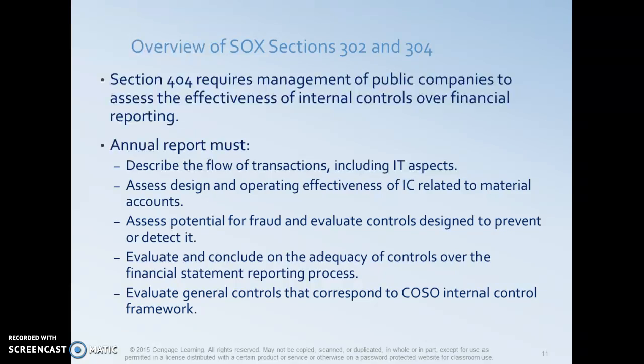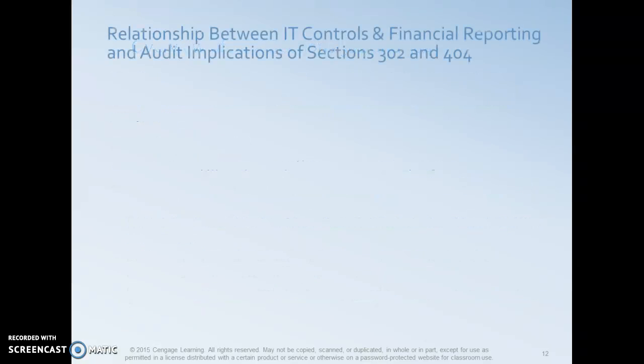You have to assess the potential for fraud and evaluate controls designed to prevent or detect it. You have to evaluate and conclude on the adequacy of the controls over the financial statements, and you have to evaluate the general controls that correspond to COSO. We've gone over COSO in an earlier chapter.